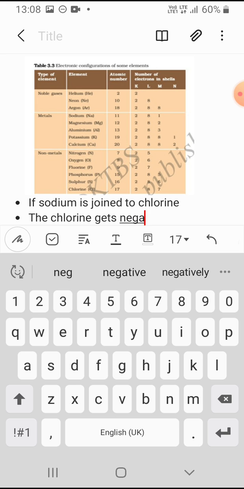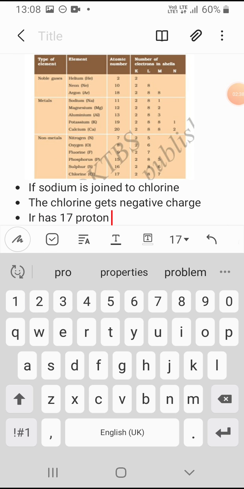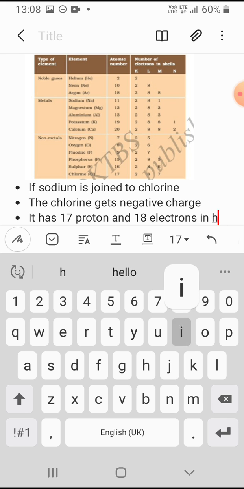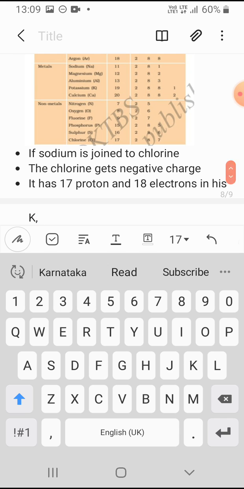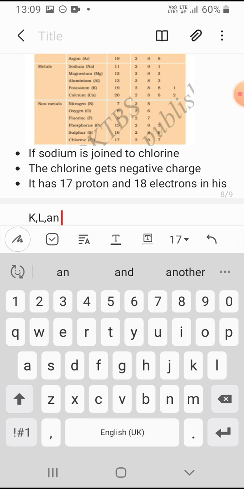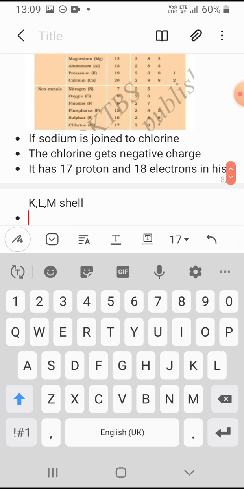It has 17 protons and 18 electrons in its K, L, and M shells.